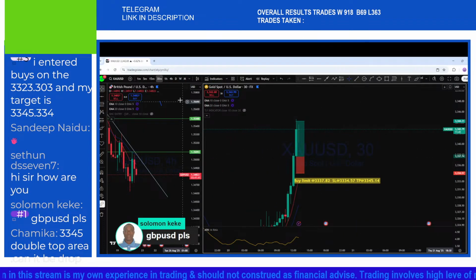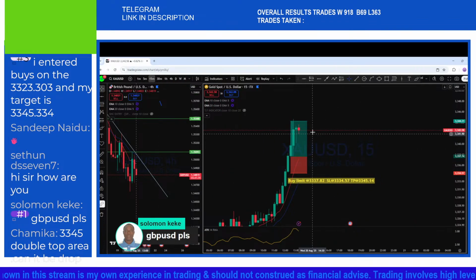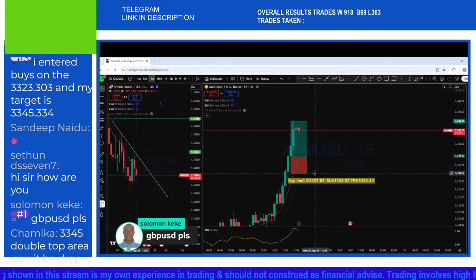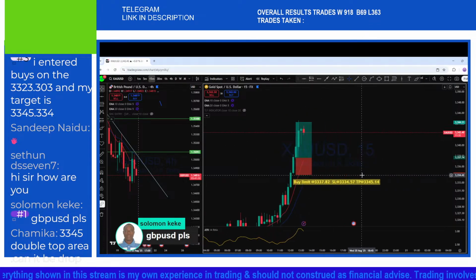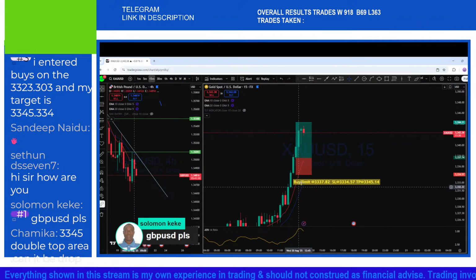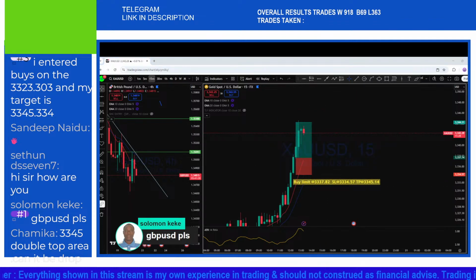Looking at the lower time frame in this market, this is 15 minutes price action at a support, and we can expect this market to test here and then reject back again.